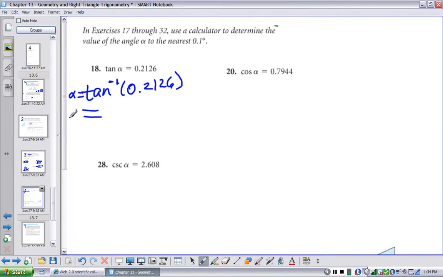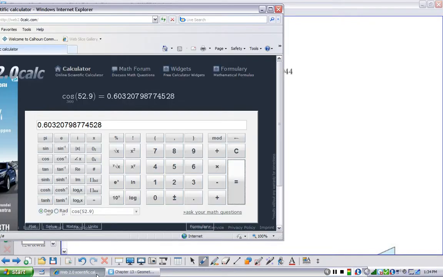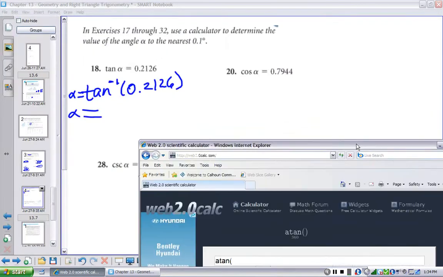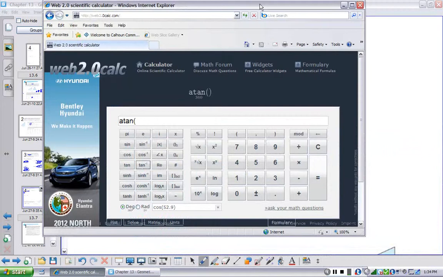Alpha equals this. So let's go back to our calculator. This is the inverse tangent button, tangent to the negative first power. And we're looking at inverse tangent of 0.2126, close parentheses, equals.